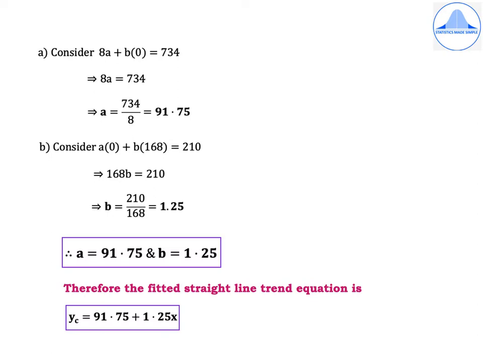Therefore, a is equal to 91.75 and b is equal to 1.25. Now, the values of a and b should be substituted in the straight line equation to obtain what is called a fitted straight line trend equation, which is given by yc equal to 91.75 plus 1.25x.